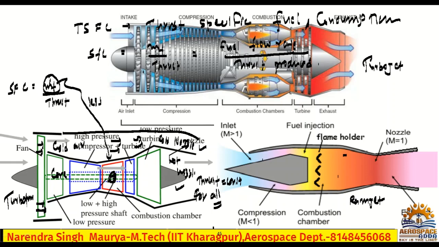Again, turbine inlet temperature will also depend on the compression ratio, because suppose at turbine inlet you want 2000 Kelvin, just a simple idea. For that 2000 Kelvin, one way is you burn only fuel, then you will get 2000 Kelvin. Otherwise, you can take help from the compressor also, because what is the work of the compressor?